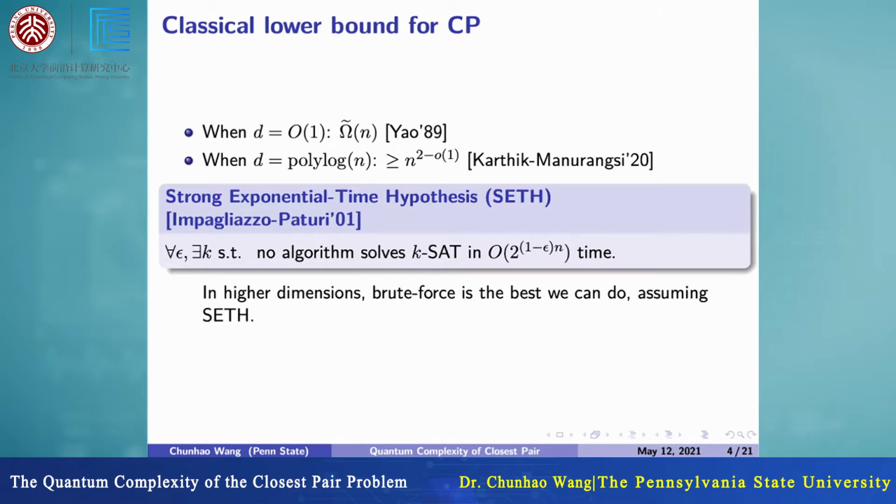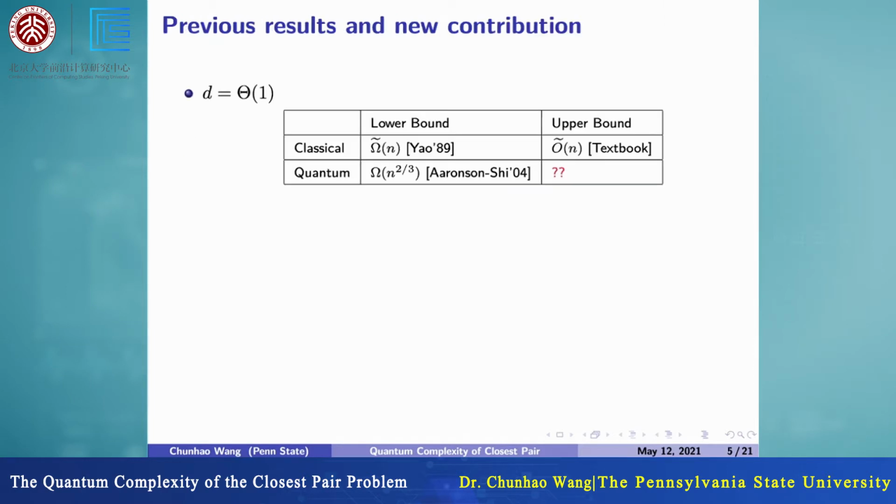So this is a summary of what we knew and what was unknown. When the dimension is constant, we knew everything except for the quantum upper bound. For the quantum lower bound, in 2004, Aaronson and Shi proved the n to the 2/3 quantum lower bound.